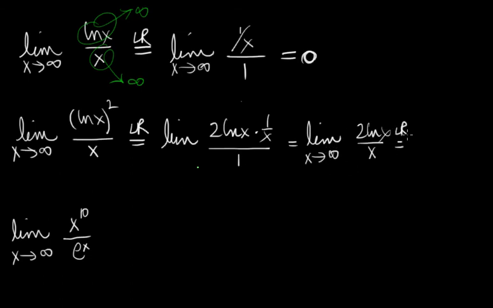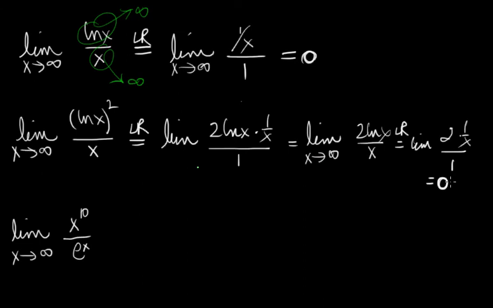There, I just simplified. Now I'll use L'Hopital's rule again, and I'll get the limit, as x approaches infinity, of 2 times 1 over x over 1. And we know that the limit of 2 times 1 over x is 2 times the limit of 1 over x.